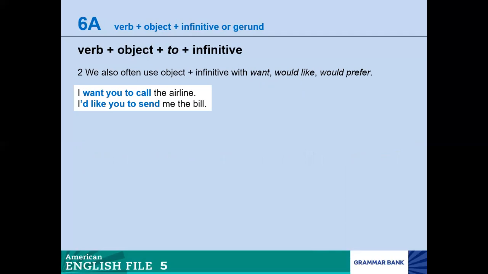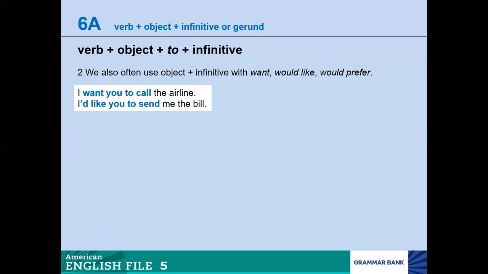We also often use object plus the infinitive with want, with like, and with prefer. It's key to notice that we're not using like or prefer separately. We're using would like and would prefer. Examples: I want you to call the airline.